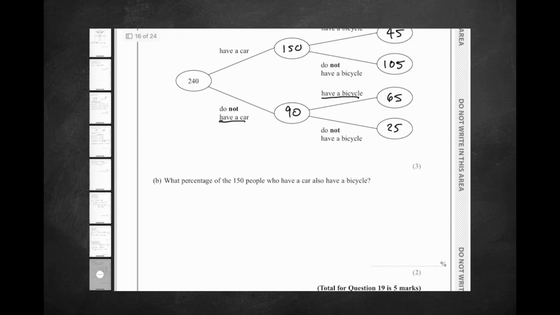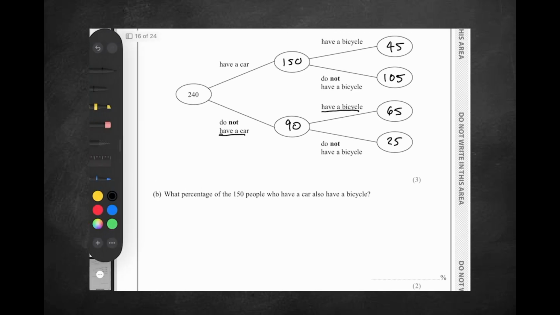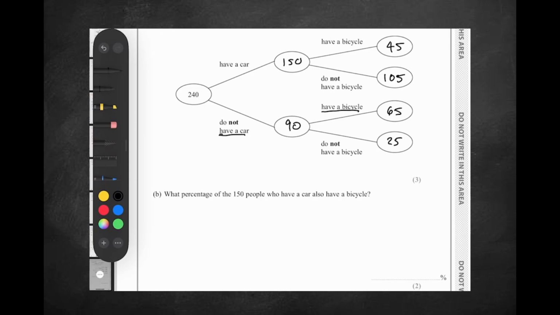Part B. What percentage of the 150 people who have a car also have a bicycle? So out of the 150, it's going to be 45 divided by 150.